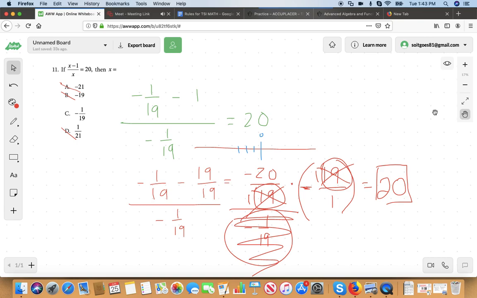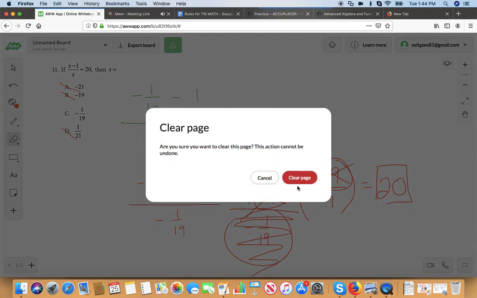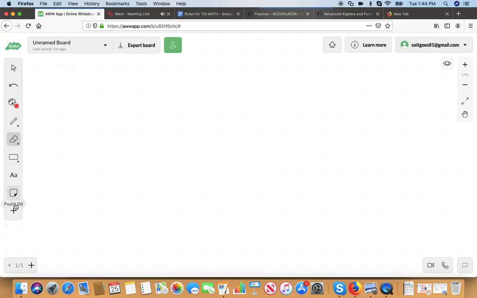But at the very least, it's really easy to eliminate A and B. Can we agree on that? Yes. So if you had to guess between C and D, you've got a 50-50 shot. That's pretty good odds. There's worse than 50-50 odds, like 1 in 4, or leaving it blank. But again, no algebra necessary there.